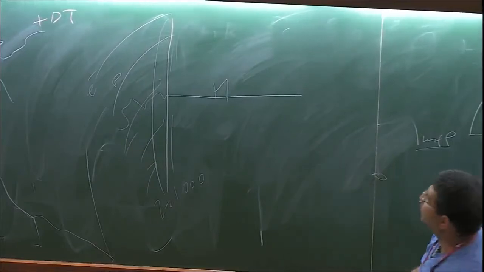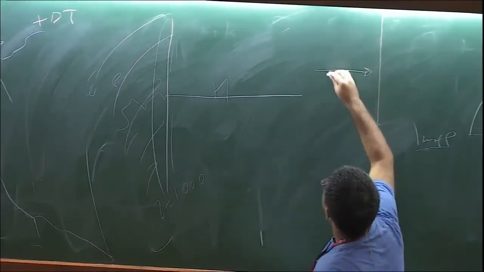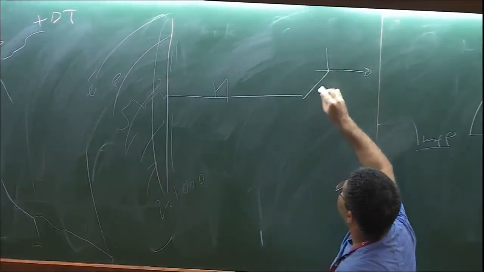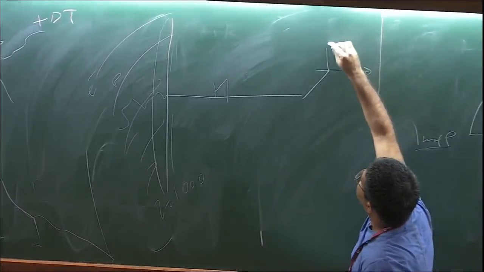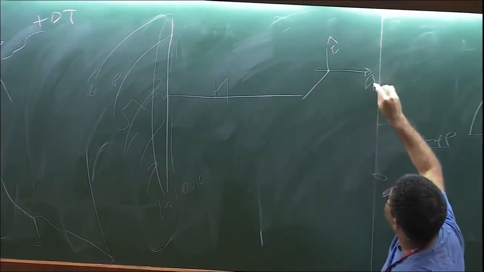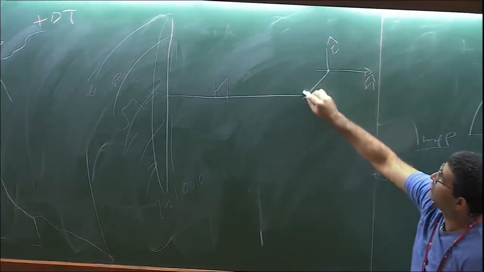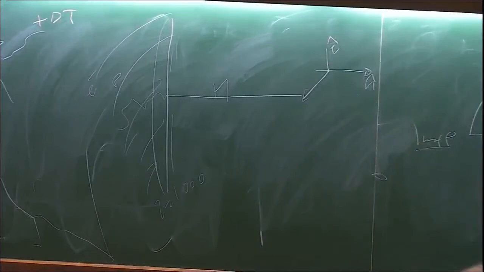A linear polarization of the photon is going in some direction, and the polarization vectors are always orthogonal to the propagation direction. If this is E hat and this is the direction of propagation n hat, they are always orthogonal. There is no longitudinal photon.